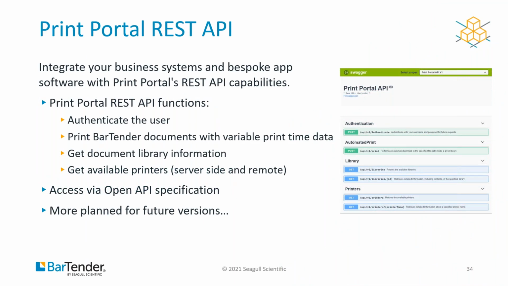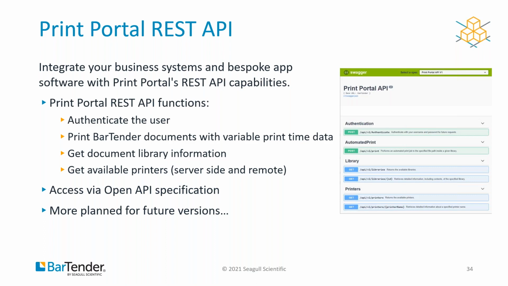As I said, this is basically web services, REST-based web services. And as it is currently with this version 1, if you like, of the Print Portal REST API, we can do the following functions. If the Print Portal has had the user authentication enabled, then that automated request can substantiate who that user is that's making the request.